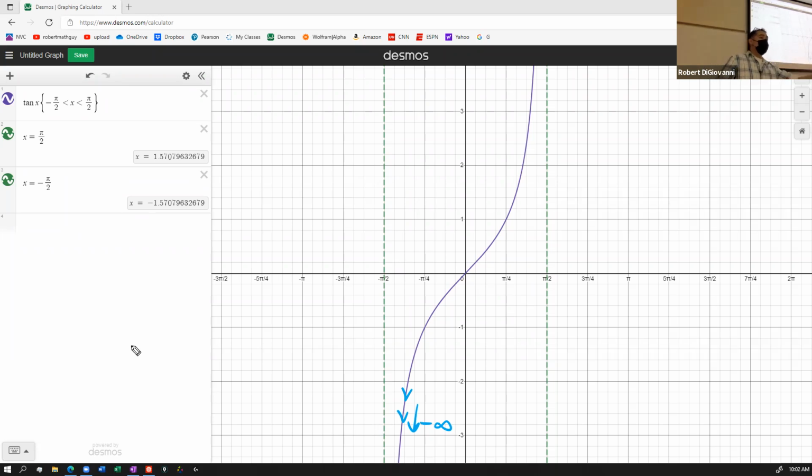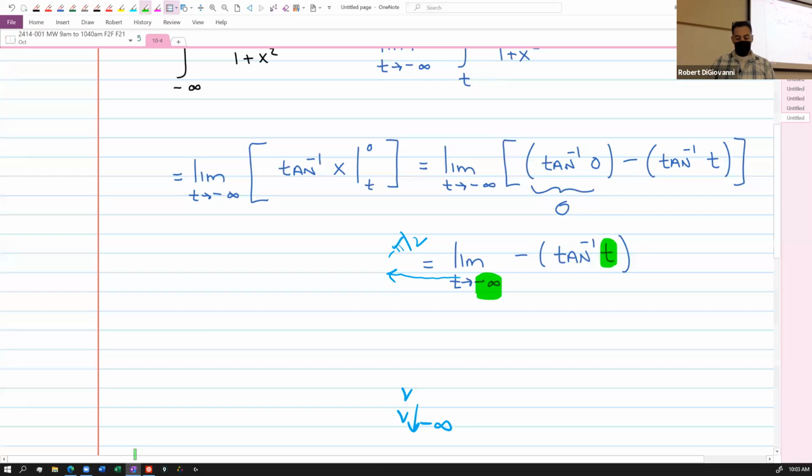We're saying, what is it approaching? As your x value approaches negative pi over 2, your function heads to negative infinity, which means the answer to this limit is negative, negative, parenthesis, what? What is that headed towards?